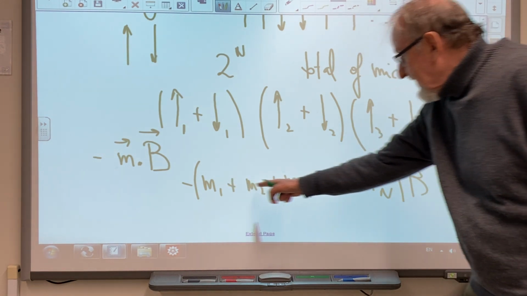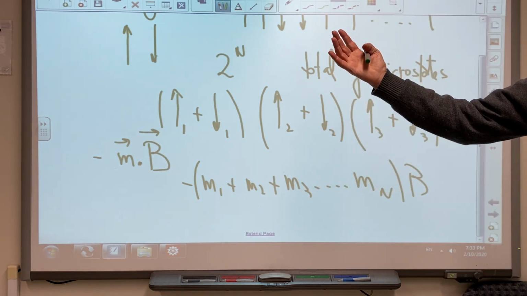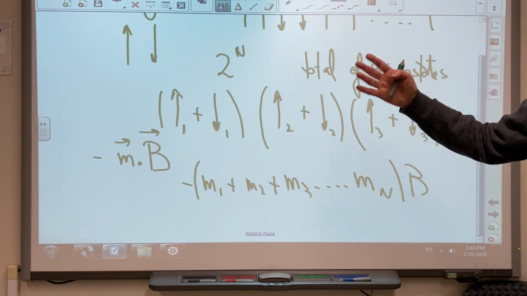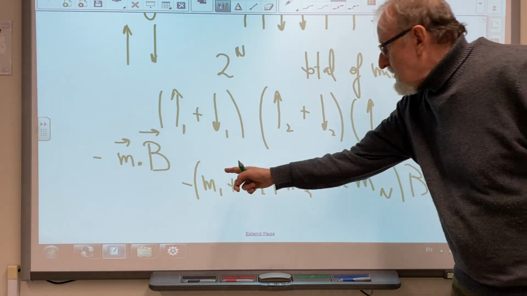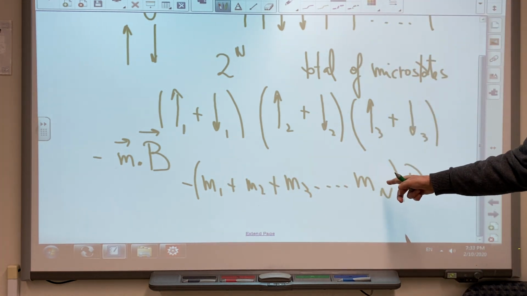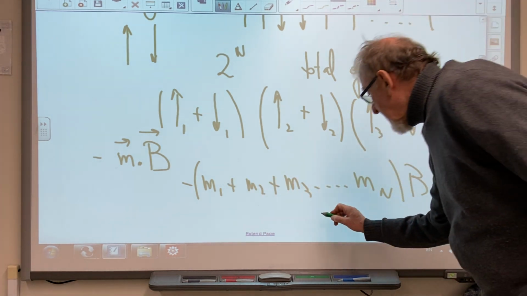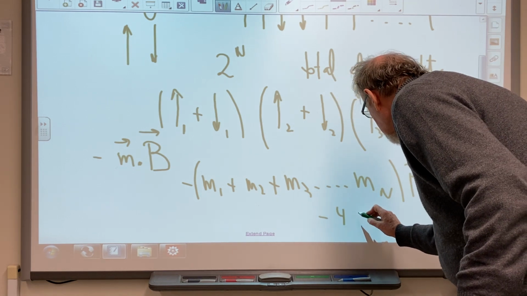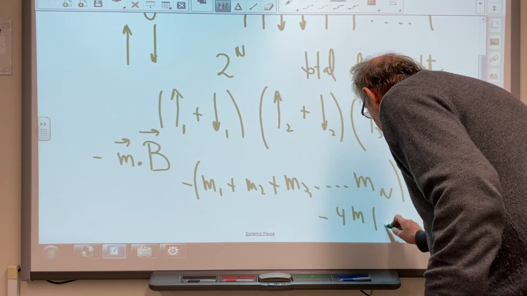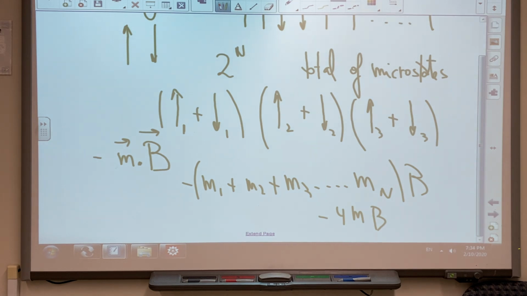Let's say there are 7 spins up and 3 down. In the case of 10 spins, I will have 7 minus 3, which is 4. I will have minus 4 mB.